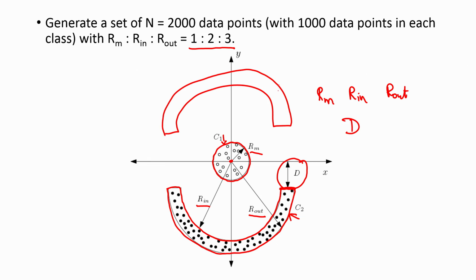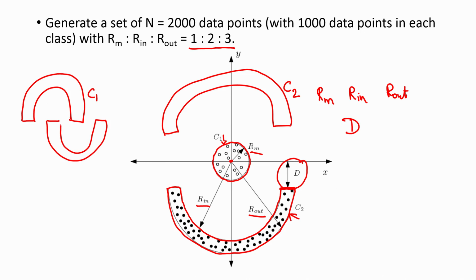Instead of this being C2, you change C2, and instead of just a circle you could have this being C1, this being C2. As the classes go inside, is the data linearly separable or not, or what is the minimum distance that you need for them to be linearly separable. You could try out all such experiments and this will make you more comfortable with the perceptron algorithm.